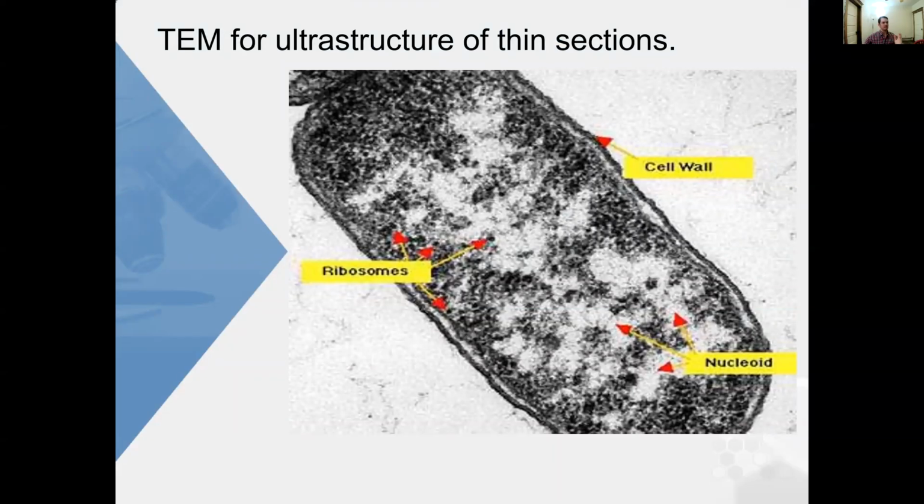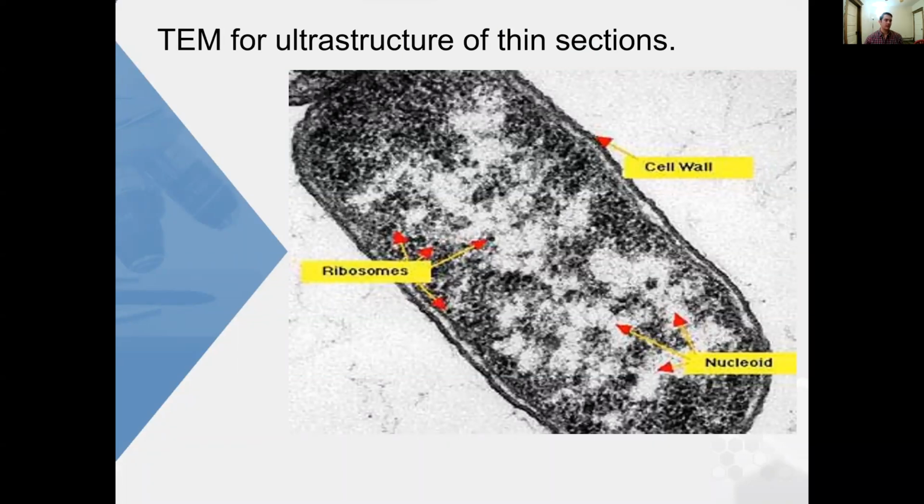And here's a nice example of why a TEM is so useful. A TEM, again transmission, uses a beam of electrons that passes through these ultra-thin sections of a specimen, and then through an electromagnetic lens, then focused on a projector lens. Specimens can be stained, specifically using some heavy metal salts for contrast.